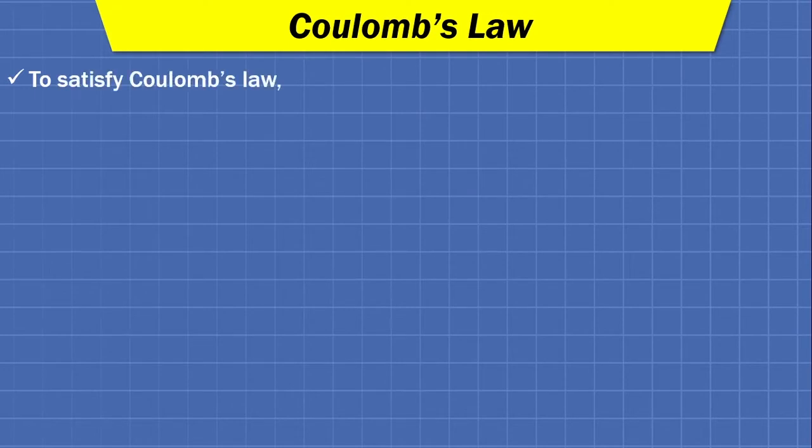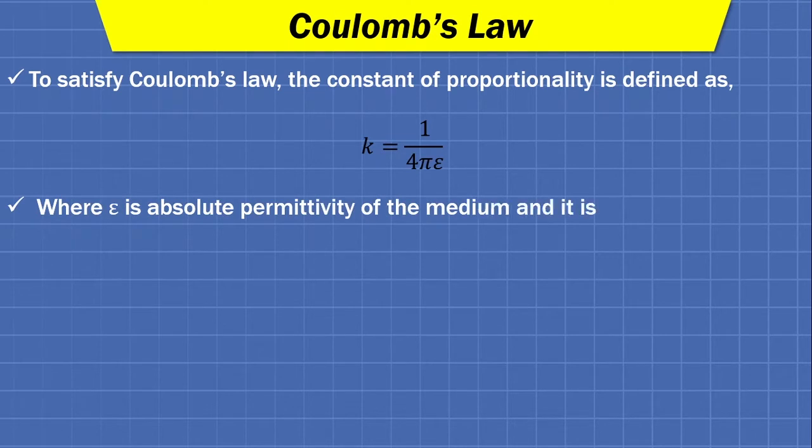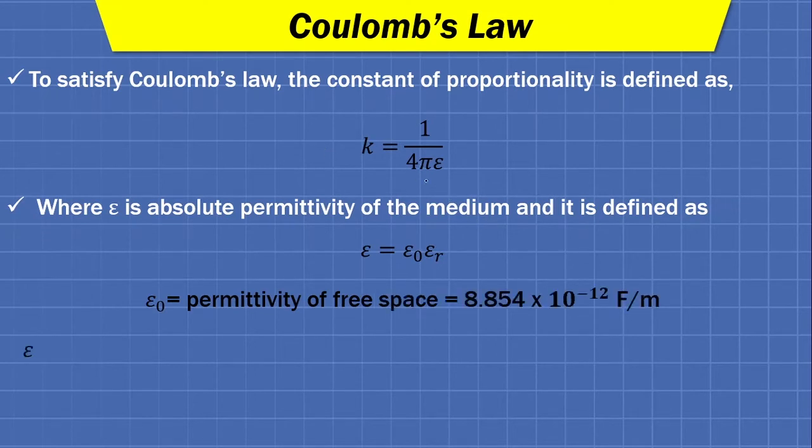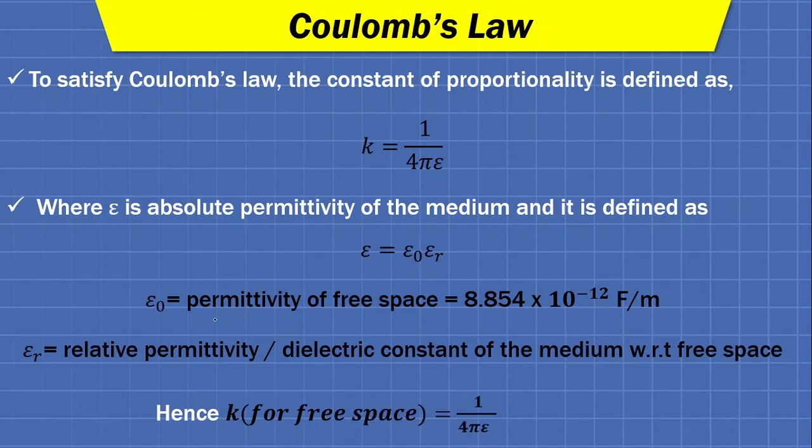Now, to satisfy Coulomb's law, the constant of proportionality is defined as k equals 1 upon 4 pi epsilon, where epsilon is the absolute permittivity of the medium in which both charges are put or kept, and it is further defined as the multiplication of epsilon 0 and epsilon r, where epsilon 0 is the permittivity of free space, which is given as 8.854 into 10 raised to minus 12 Farad per meter.